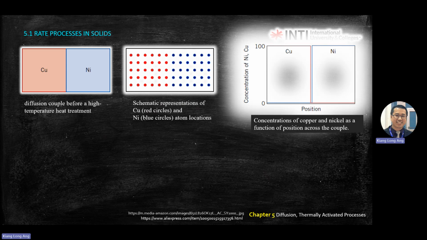Maximum 100%, both blue and green. What happened in the middle?